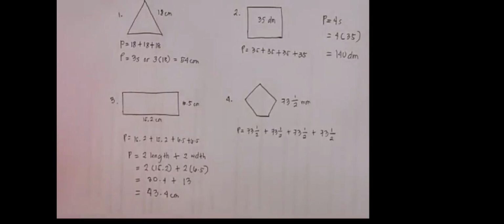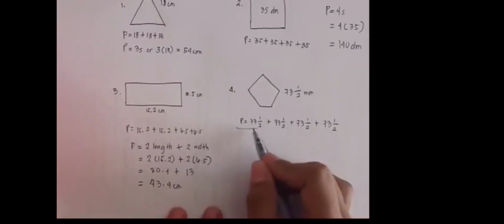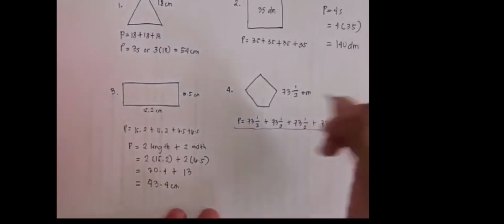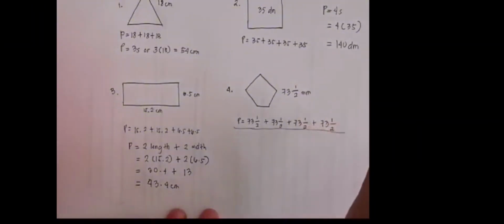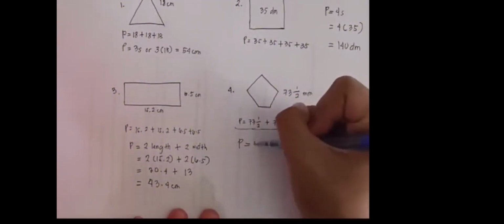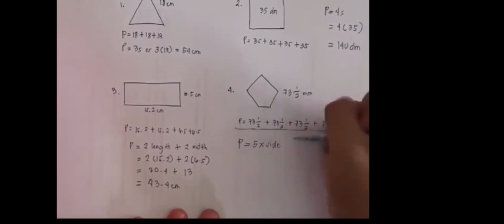For the last figure, it is a regular pentagon. If one side measures 73.5 millimeter, the perimeter goes like this. So instead of adding like this, we can go like this. Perimeter is equals to 5 times side, or the 5 sides.